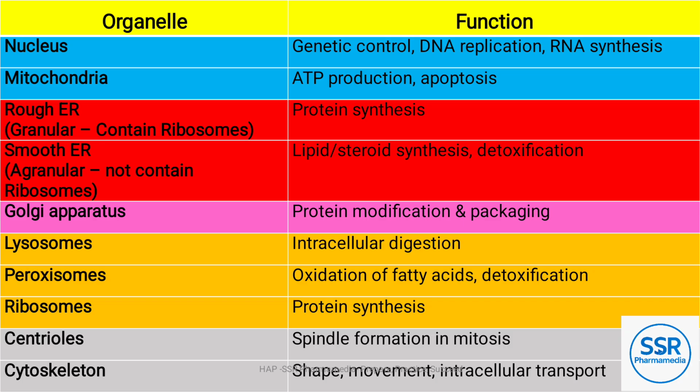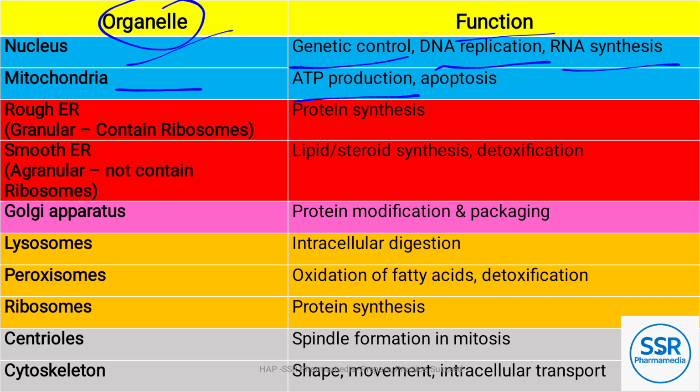Now we will discuss the organelles and their functions. Nucleus: genetic control, DNA replication, RNA synthesis. Mitochondria: ATP production, apoptosis. ATP is nothing but energy, so mitochondria is called the powerhouse of the cell.